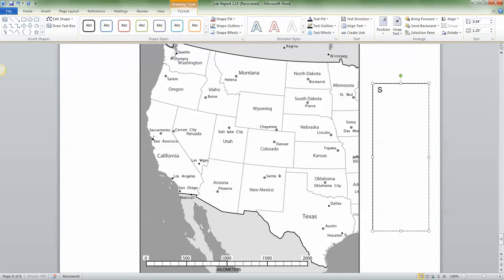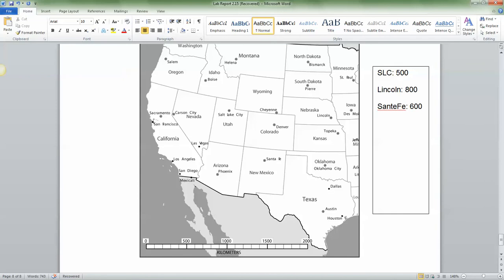I'm going to say that there was an earthquake and it was measured by Salt Lake City to be 500 kilometers away, Lincoln, Nebraska to be 800 kilometers away, and Santa Fe, New Mexico at 600 kilometers away.